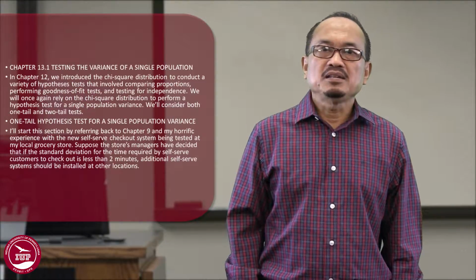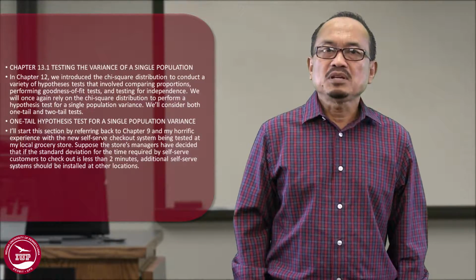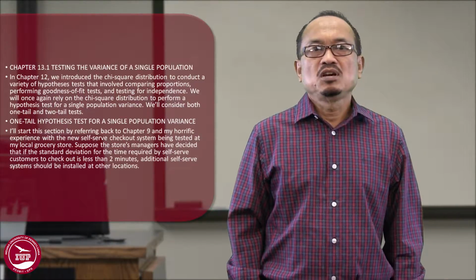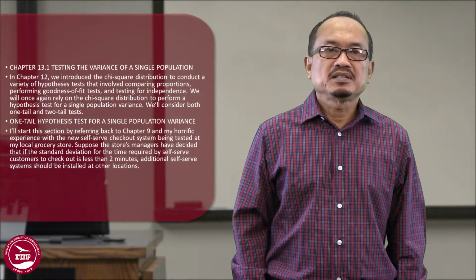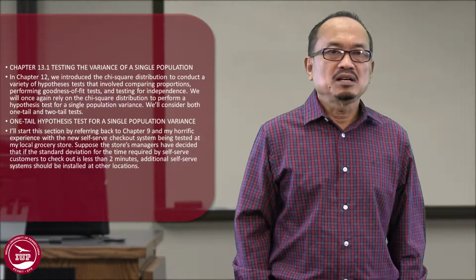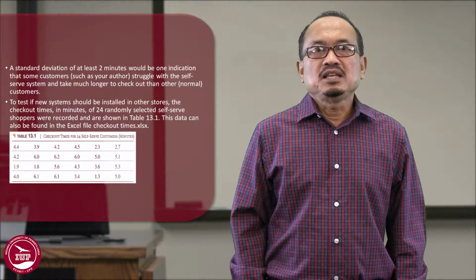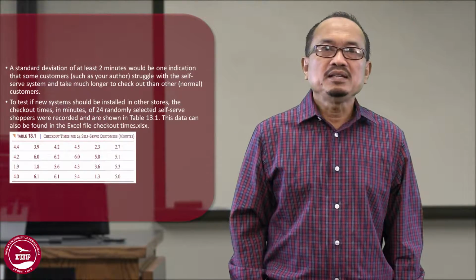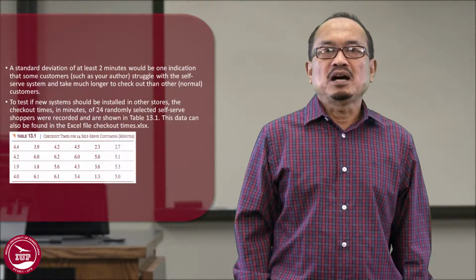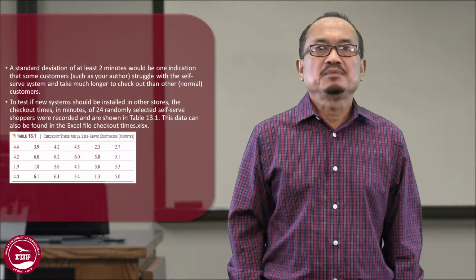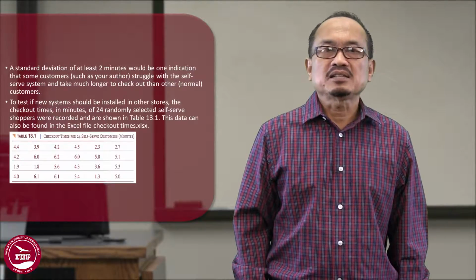Suppose the store manager has decided that if the standard deviation for the time required by self-serve customers to check out is less than 2 minutes, additional self-serve systems should be installed at the other locations. A standard deviation of at least 2 minutes would be one indication that some customers, such as our author, struggle with the self-serve system and take much longer to check out than other, normal customers.